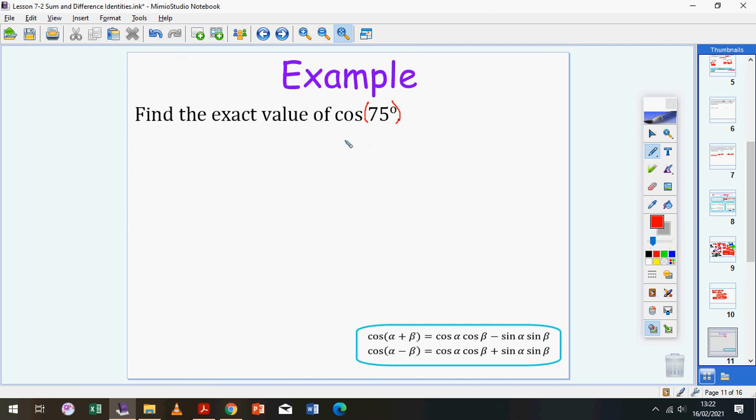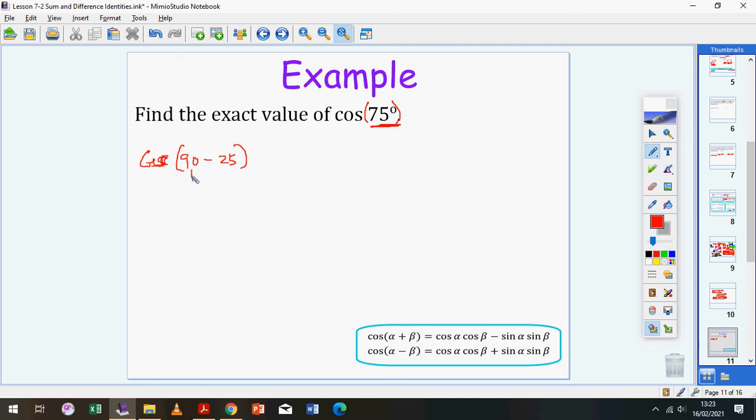So I need to break down this angle into two angles whose ratios I know. For example, I know 75 is the same as 90 minus 25, right? So cosine of 75 is the same as the cosine of 90 minus 25. I know the ratios for 90, but I do not know the ratio. Wait, this is not right.